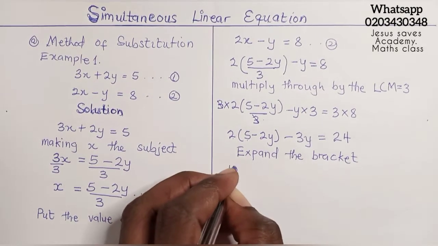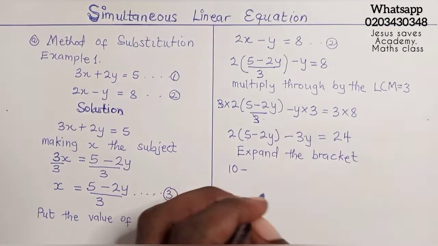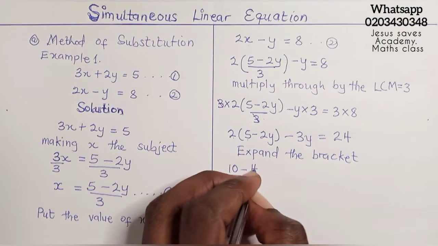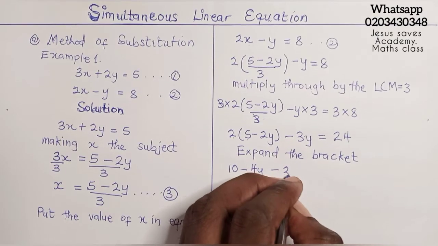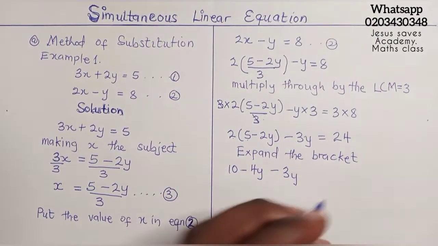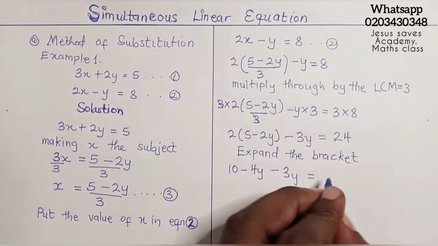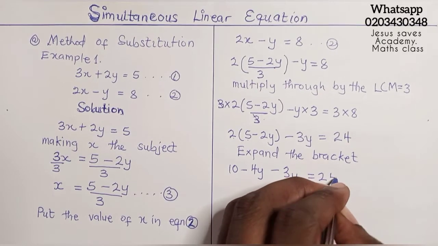So we have 10 minus 4y minus 3y, which will be equal to 24.